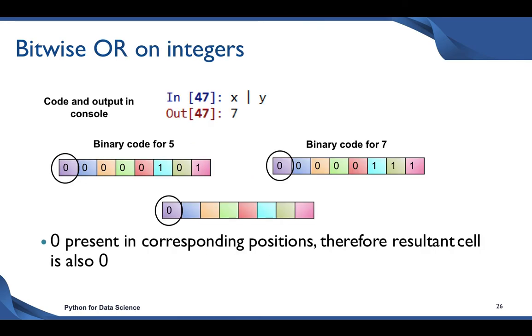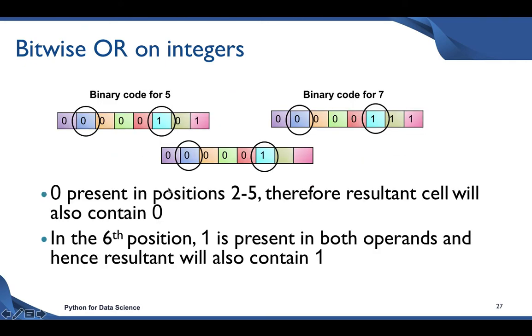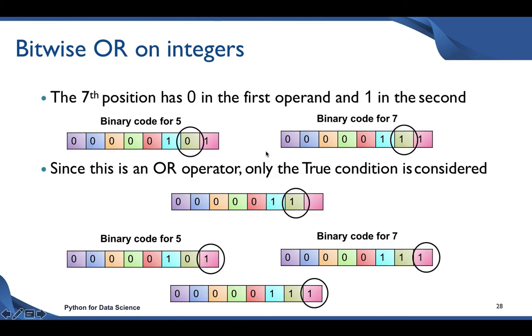Similarly, if I do a bitwise OR on the integers x and y, it will compare the bits, that is, 0 ORed with the binary code for 7, and it will result in 0 where we have false and false, it will give us false. Here 0 is treated as false, 1 is treated as true. Similarly, true and true will yield us true, right?